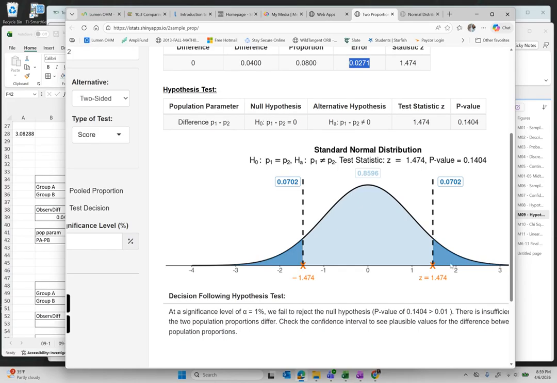So to find the area of the tail on the right, we will take the CDF coming from Excel that is giving us the area to the left and subtract it from 1. That will give us the area in one tail, and due to symmetry, then we will just double it to find the area altogether, because both tails will add together to give us the p-value of 0.1404.